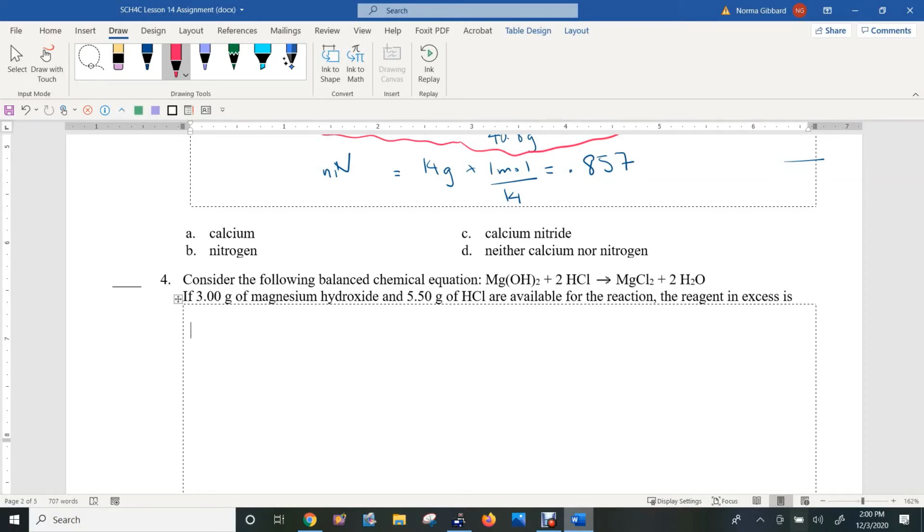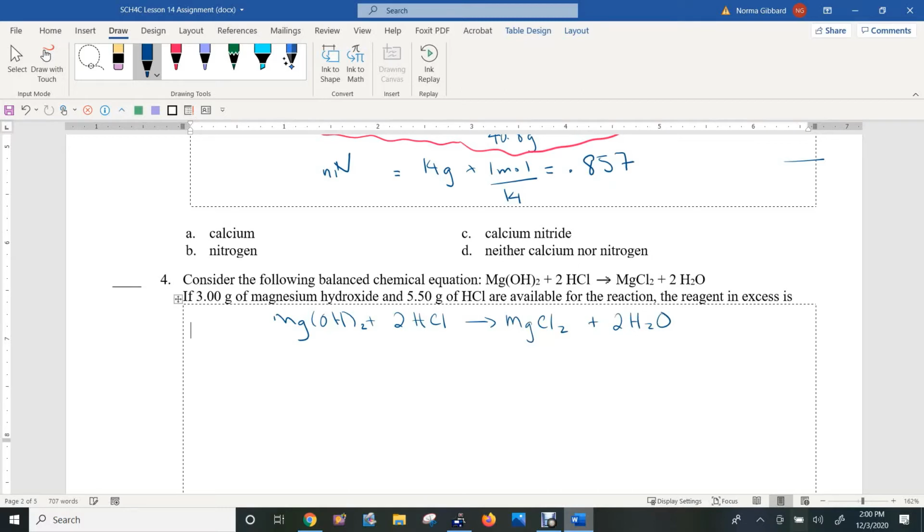We start by writing the formula: MgOH2 plus 2HCl produces MgCl2 plus 2H2O.